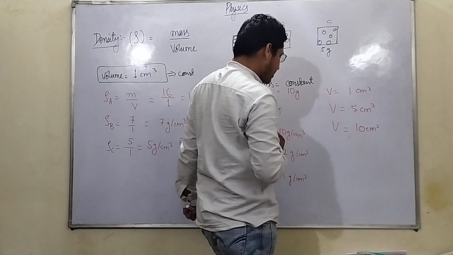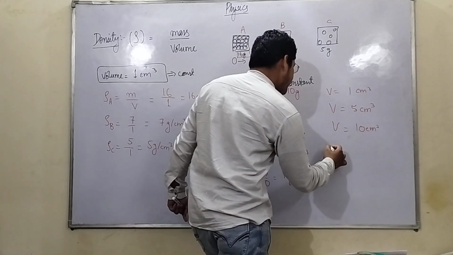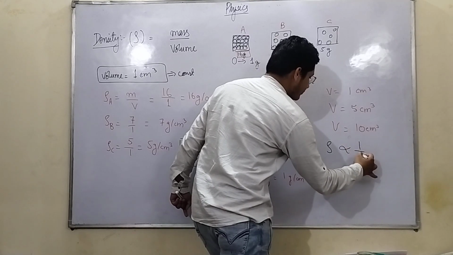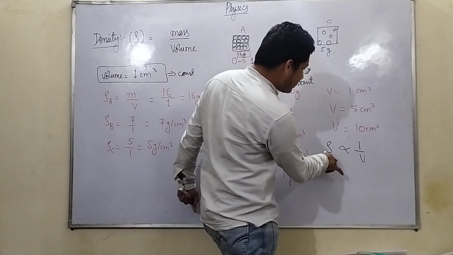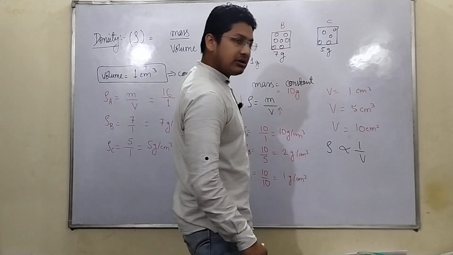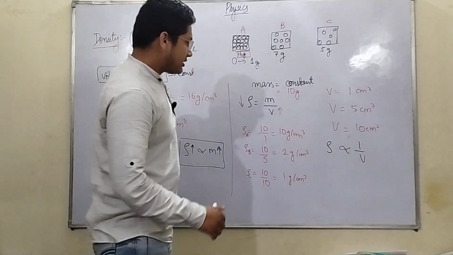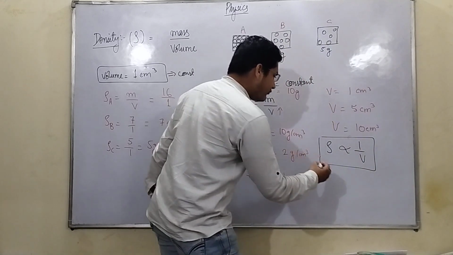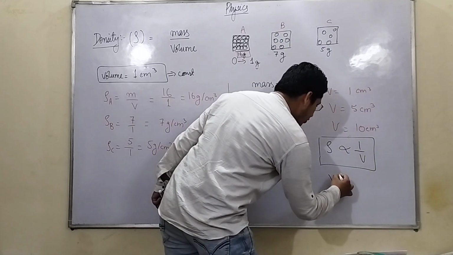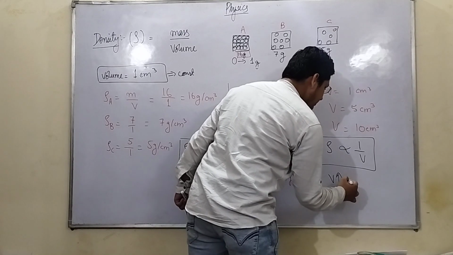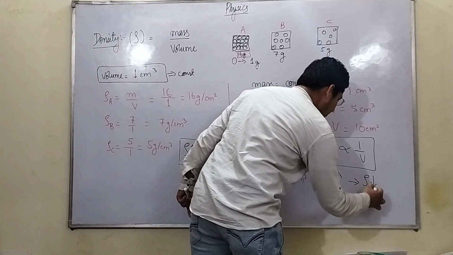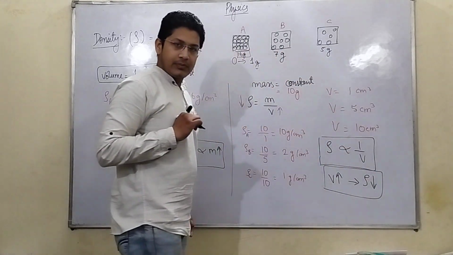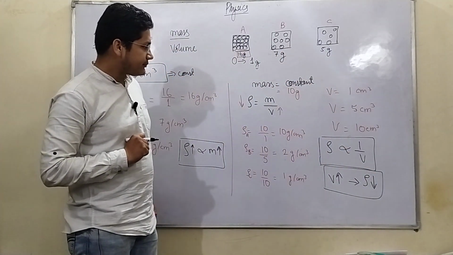But what we have seen here with an example is that density is inversely proportional to the volume. If we increase the volume, then density will decrease, if mass is constant.